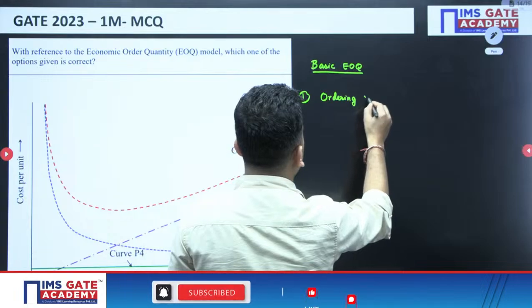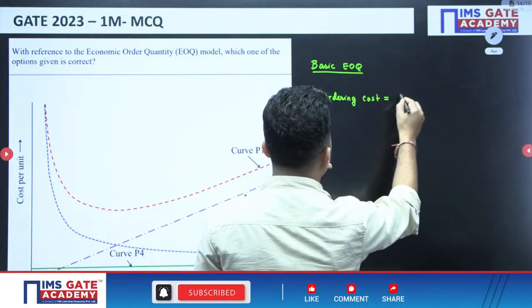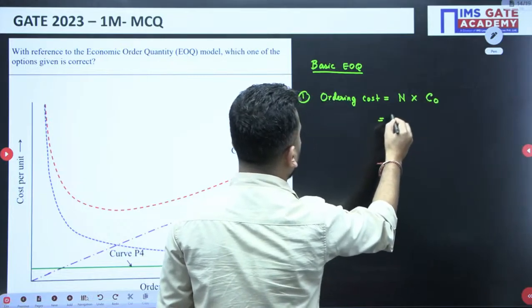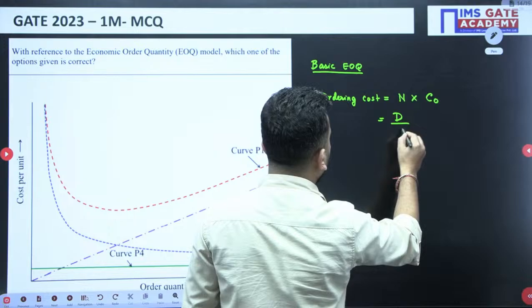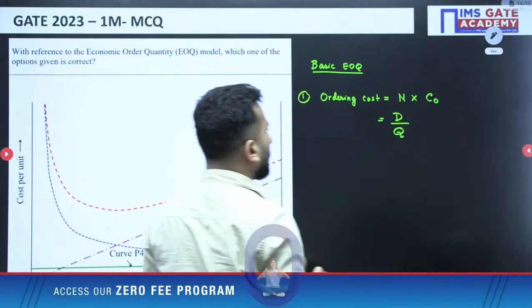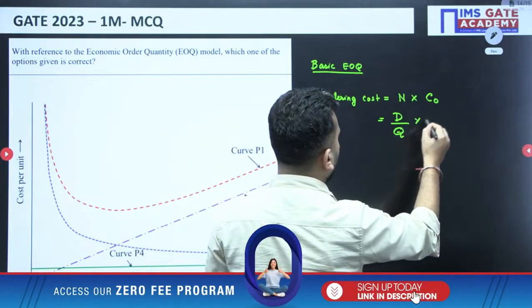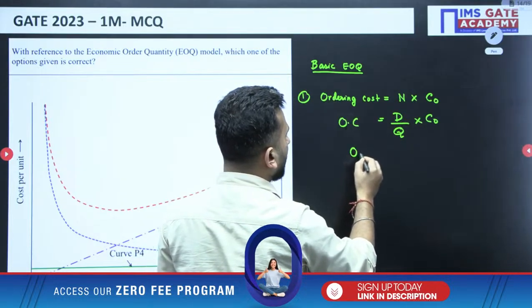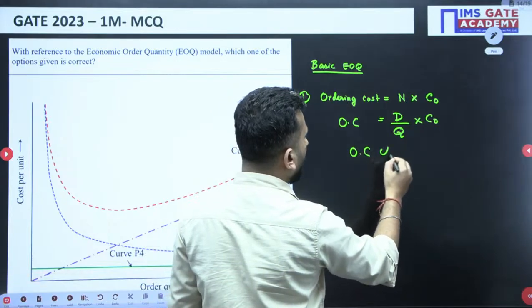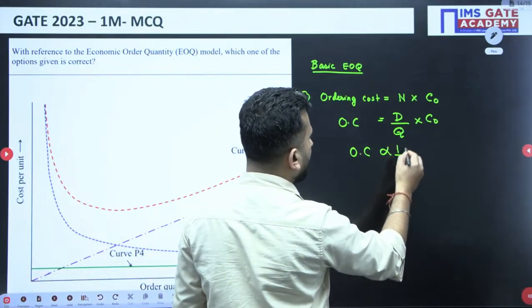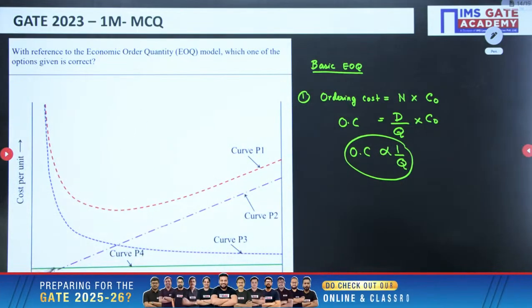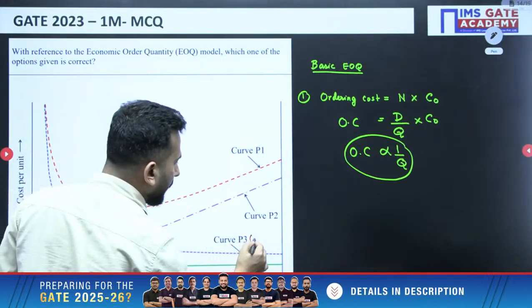Ordering cost is the number of orders into the ordering cost per order. Number of orders is the annual demand divided by the quantity ordered, so D by Q into C naught. The ordering cost is inversely proportional to the quantity. Which graph is there for inversely proportional? Curve P3.